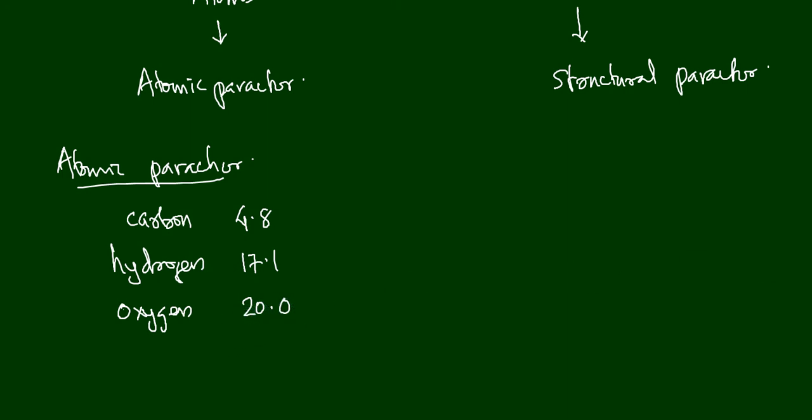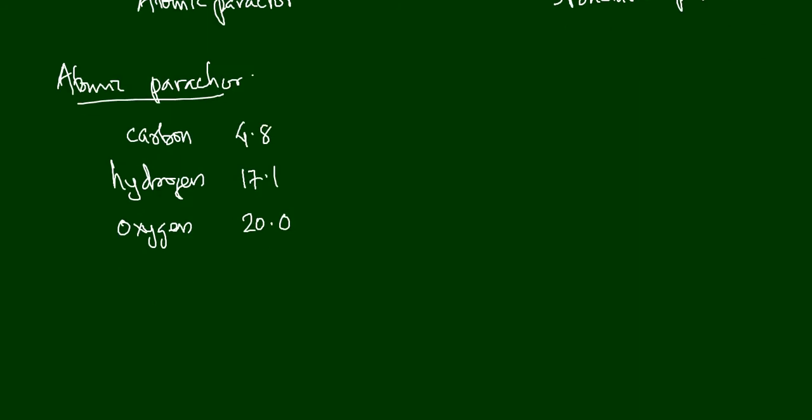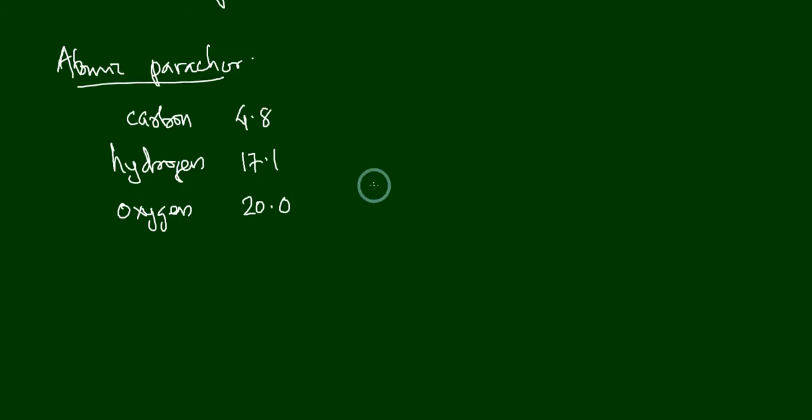From this we can determine the parachor of decane. Decane is C10H22, and we can determine the parachor of this compound. How can we do that? We have to look into the atomic contributors, which here are carbon and hydrogen.